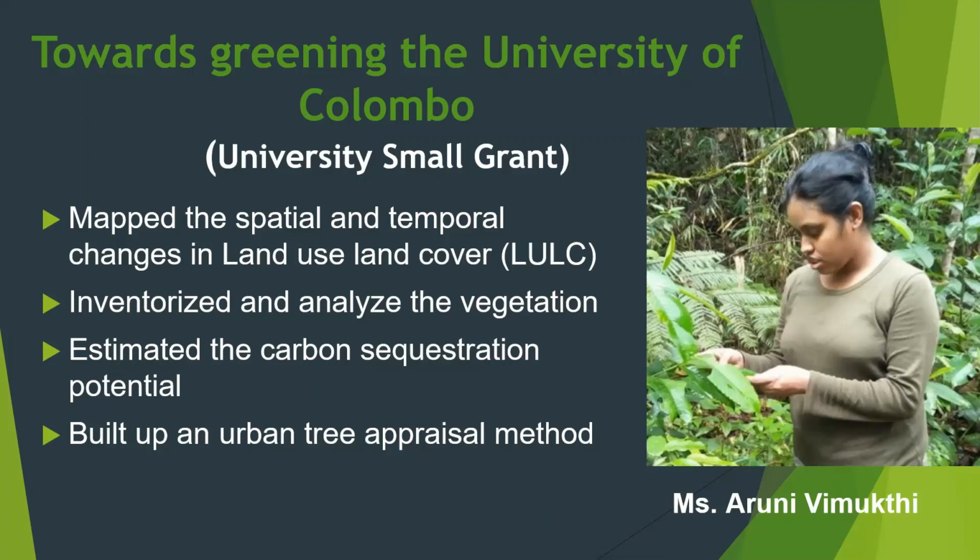And thirdly, to have some estimation about the carbon sequestration potential from the university. And then finally, to come up with some scoring mechanism to give some value to the trees present in the university. So in the next few slides, I will present some of the key things that we came up with under each of the activities.